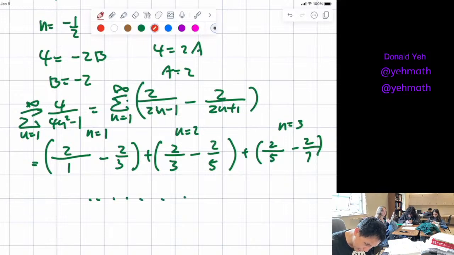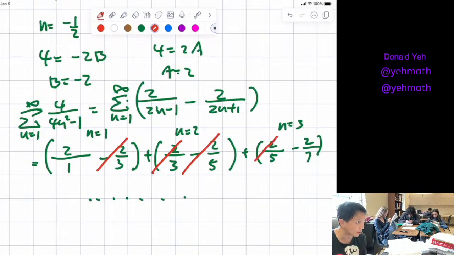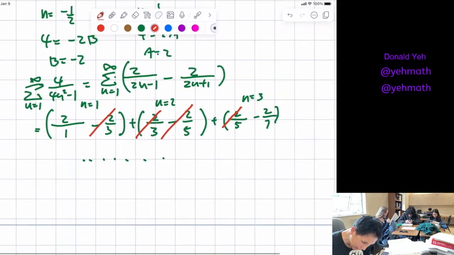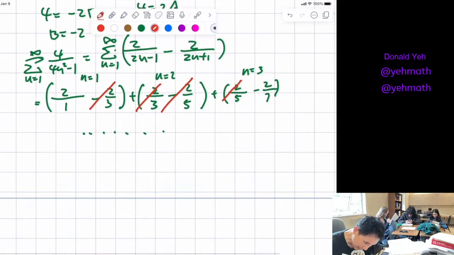Now you can see the simplifying. I'm using a different color to show you. This one's going to simplify this. This time it's going to simplify this. So now you see the orientation of simplification is kind of different. Do you see that? Yes. So let's try. Is that second part negative 2 over 2n plus 1?